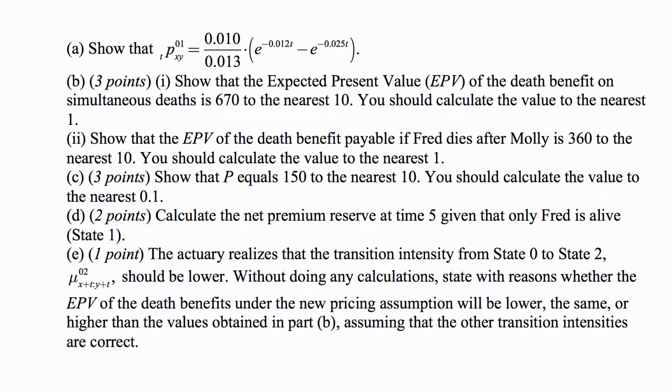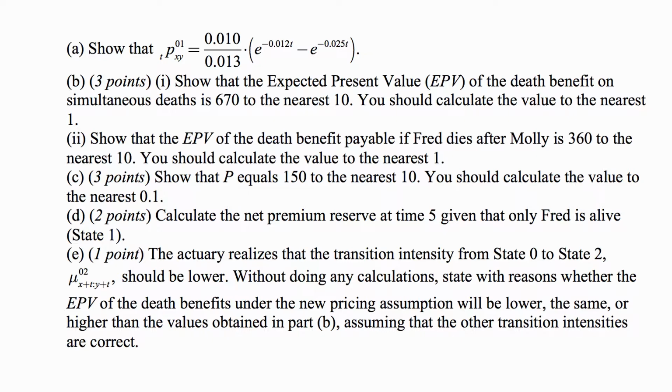For part D, we need to calculate the net premium reserve at time 5 given that only Fred is alive. So we're in state 1. And for part E, the actuary realizes that transition intensity from state 0 to state 2, mu 02, should be lower.